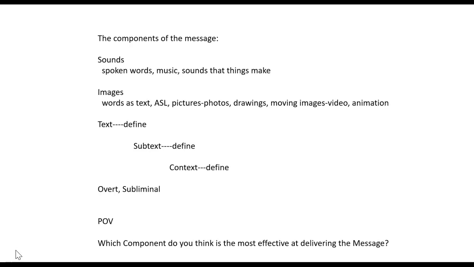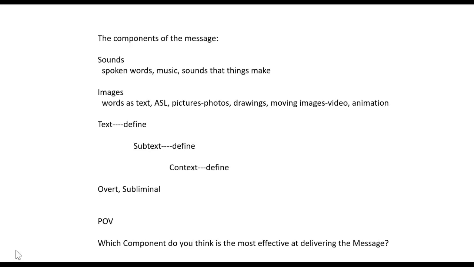This starts to get into the subliminal communication, the under-the-radar communication that's just sort of there. It's coded, it's part of the coding. And if we're in the culture, if we understand the culture of the sender, we can pick up the subtext.